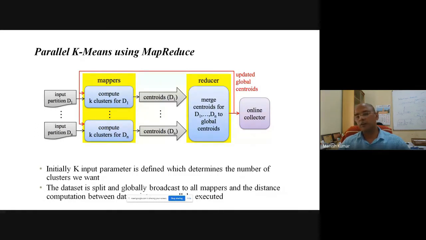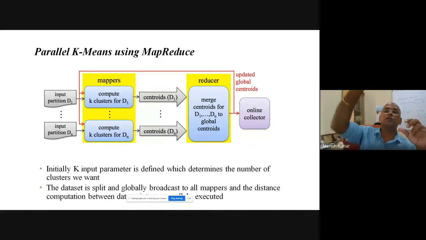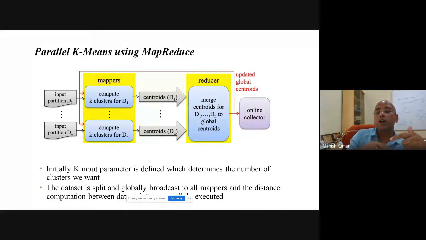The reason is very simple: whatever clusters are formed at individual terminals, at last we want those clusters to be merged. Suppose the first clusters of each of the mappers are merged, then it becomes your global cluster. So the merging process requires uniform centroids to be there.